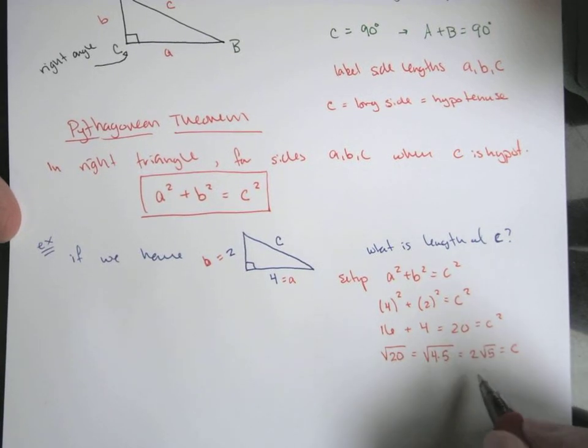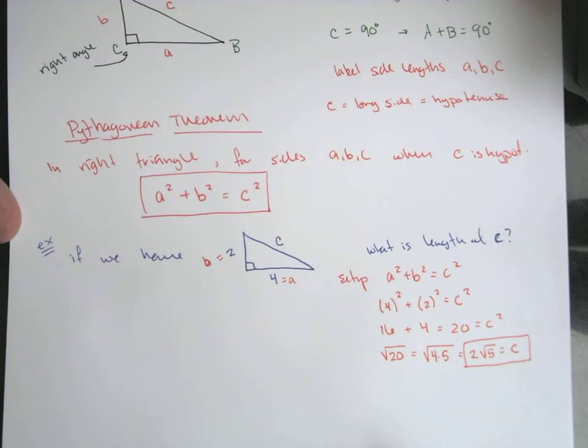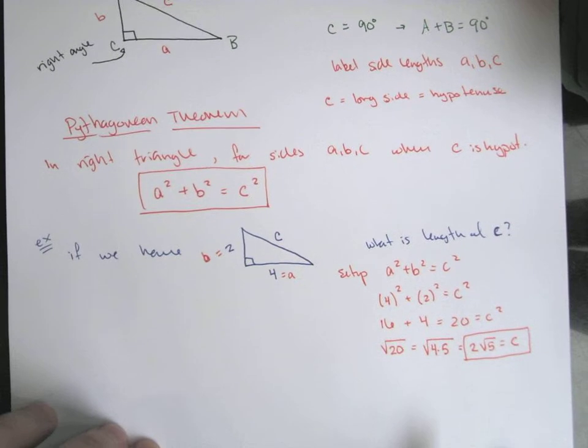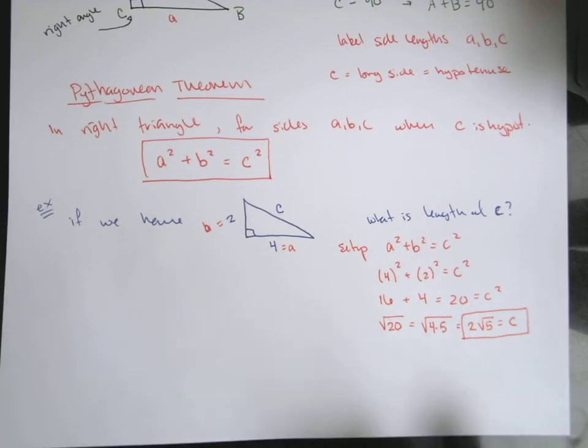So if I take a square root of both sides, I'll get the root of 20, but that would simplify down with a little bit of arithmetic to 2 times the square root of 5. So if I know A and B, I can find C without too much trouble. We can see it ends up with a square root here. That's fine, that's somewhat expected, just based on the fact that it's not always going to be the case that we have perfect numbers that will do this.